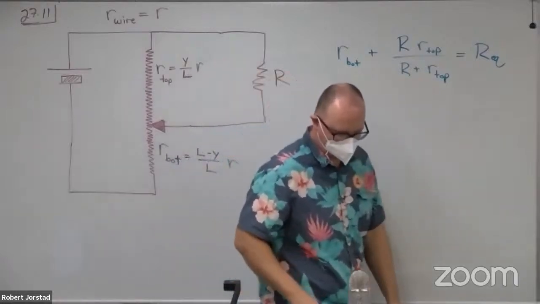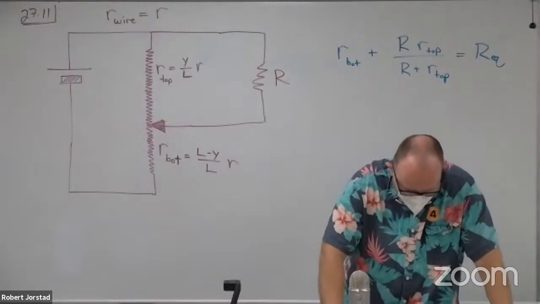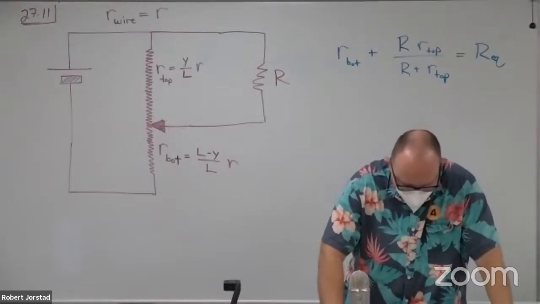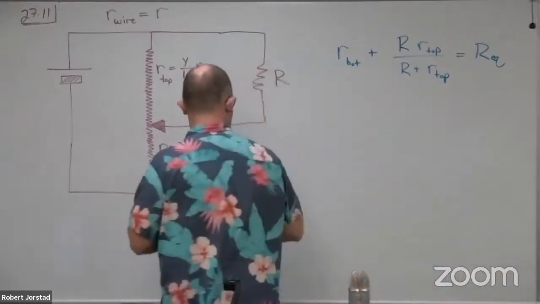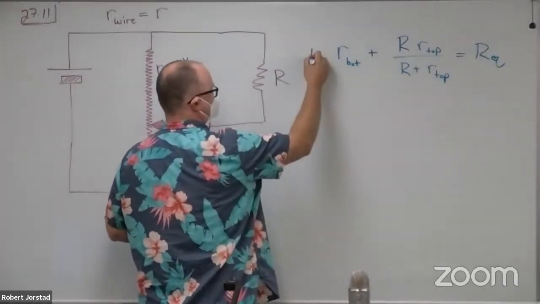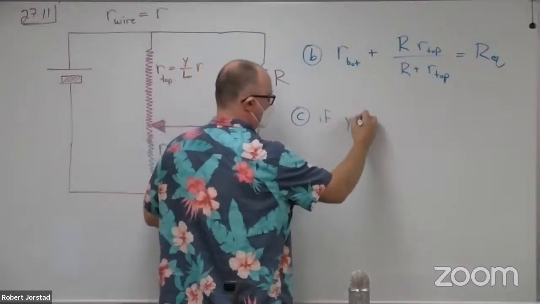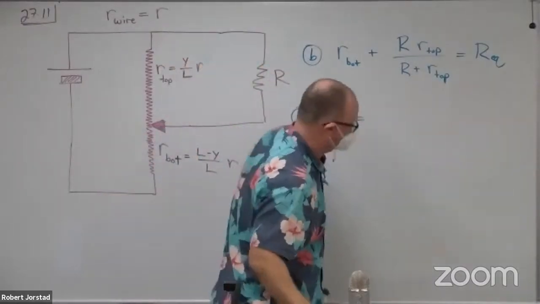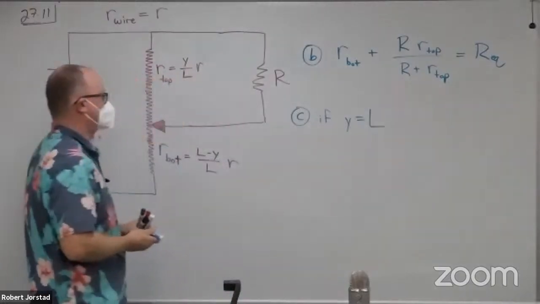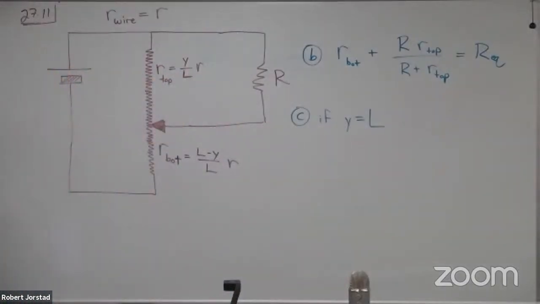All right. Let's go to part C. Ooh. This is where it gets cool. If Y is equal to L, what happens to the resistors? Series or parallel?